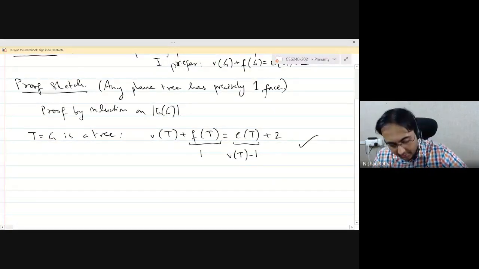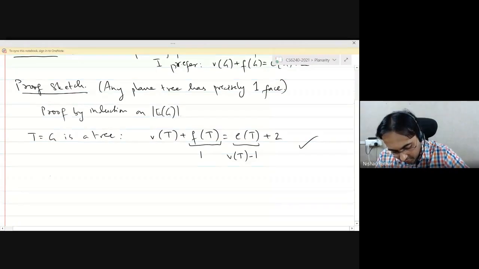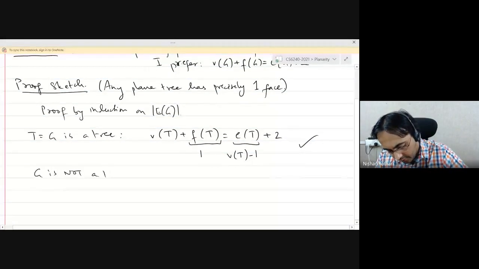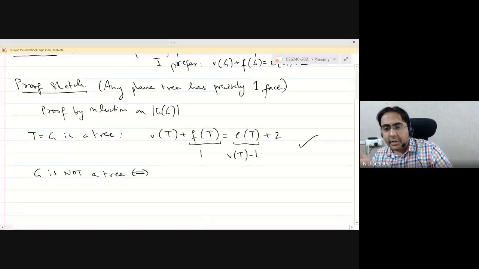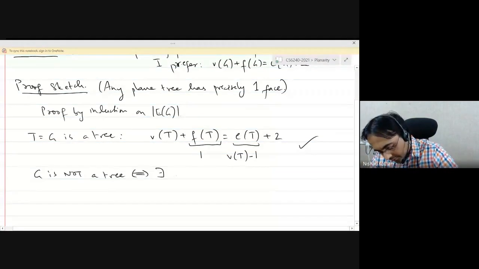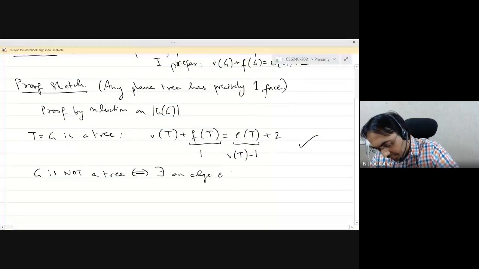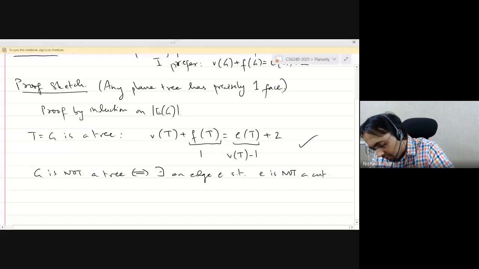And now the next case is when your graph is not a tree. That is the same as saying that there is an edge that is not a cut edge, because trees are the only graphs in which every edge is a cut edge. So there exists an edge E such that E is not a cut edge.